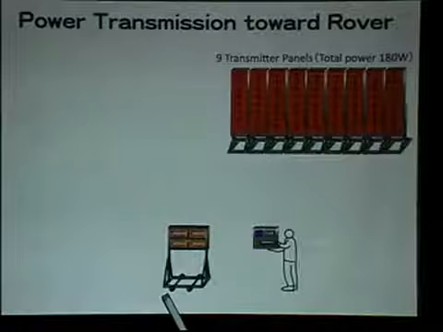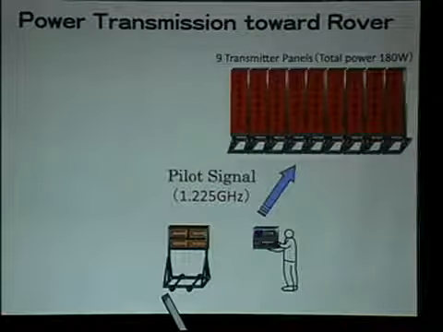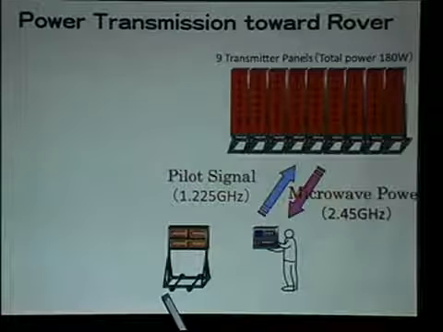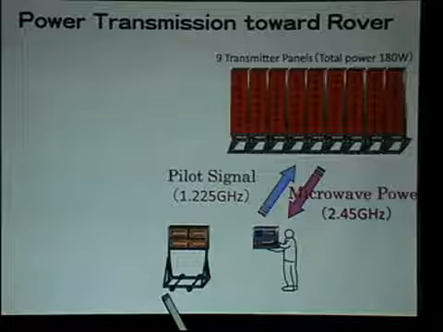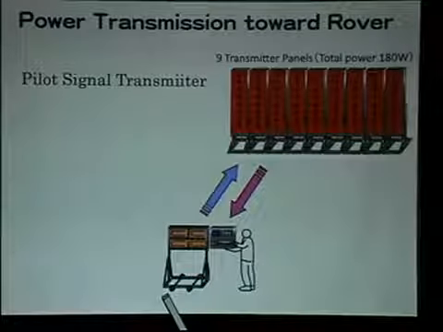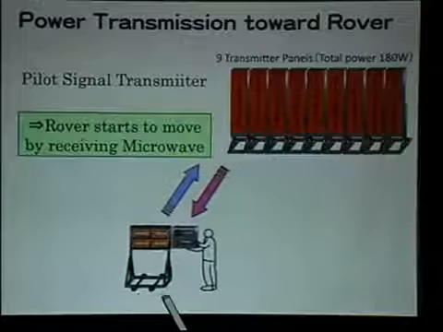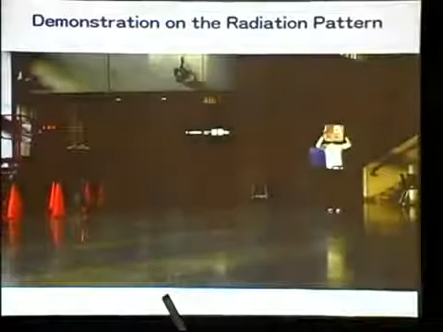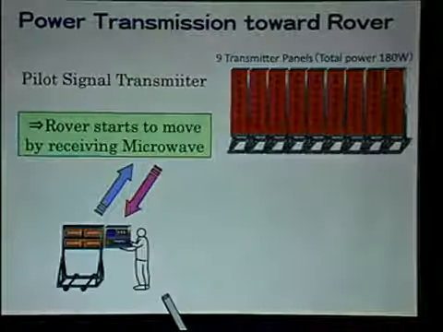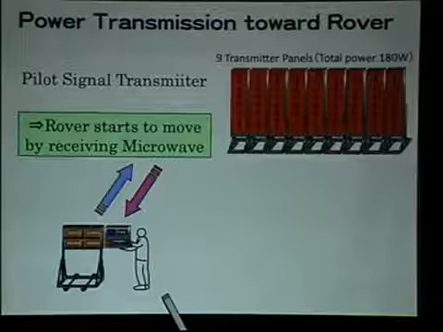And the next experiment. First, we radiate the pilot signal and a microwave. The pilot signal approaches the small rover, and it can move, driven by microwave power.